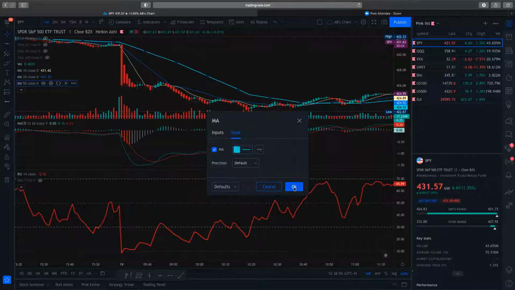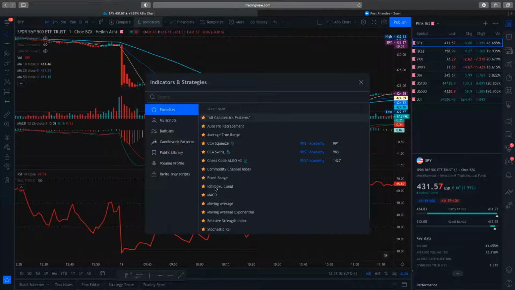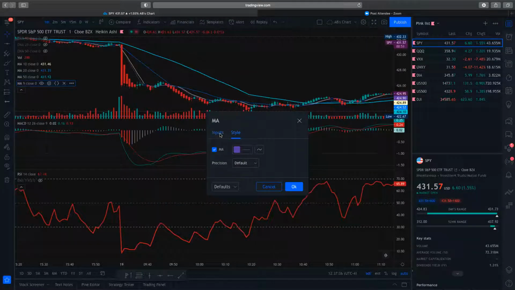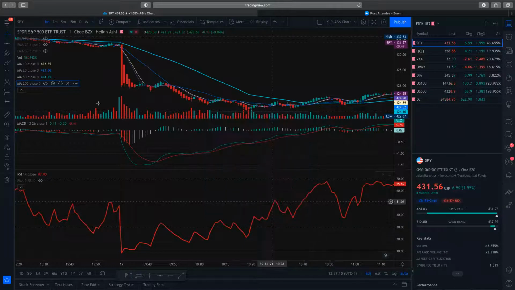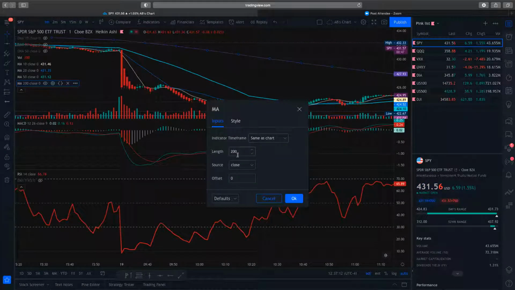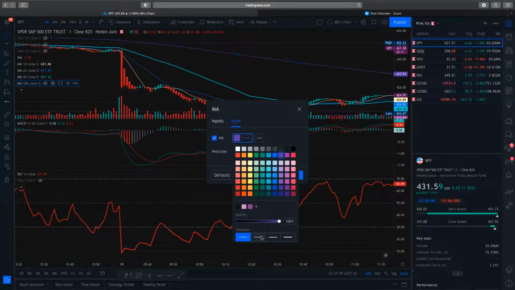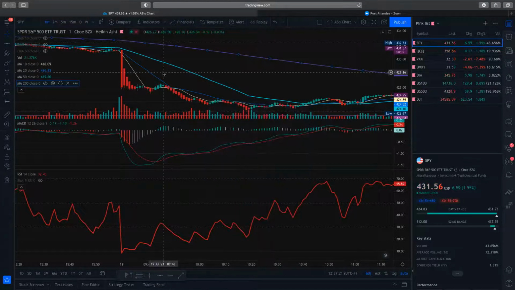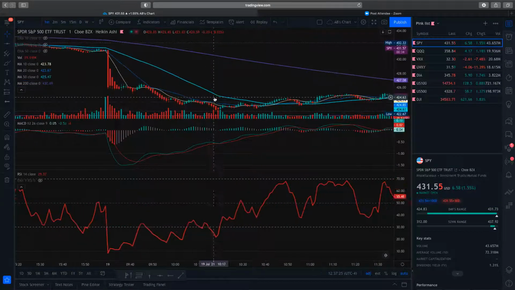All right, here we go. And I'm going to add the 200 moving average, and we'll make that bigger. Okay, there we go. All right, so same deal with your simple, literally same deal.